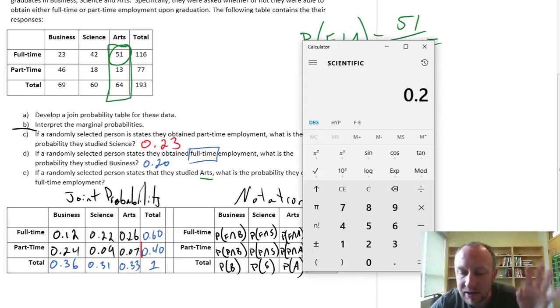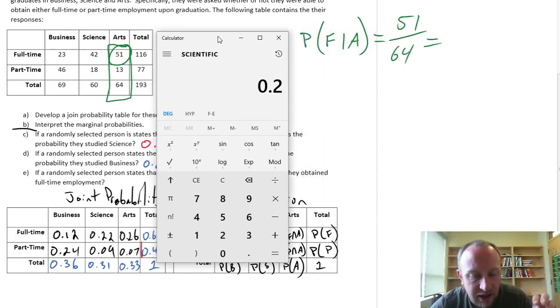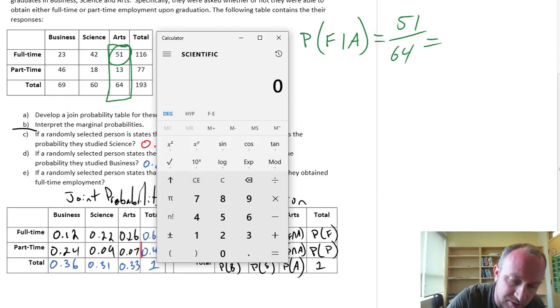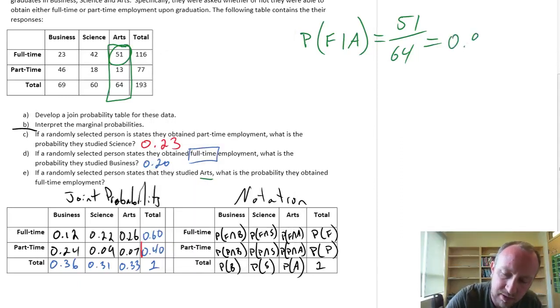So given that you studied art, the probability that you obtain full-time employment is 51 divided by 64, pretty high, 0.80. There's a 0.8 or an 80% chance that you will obtain full-time employment.